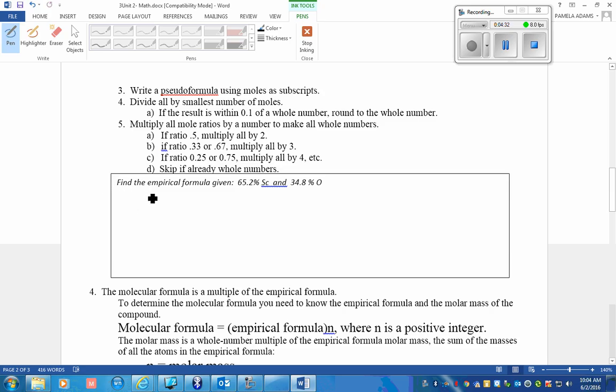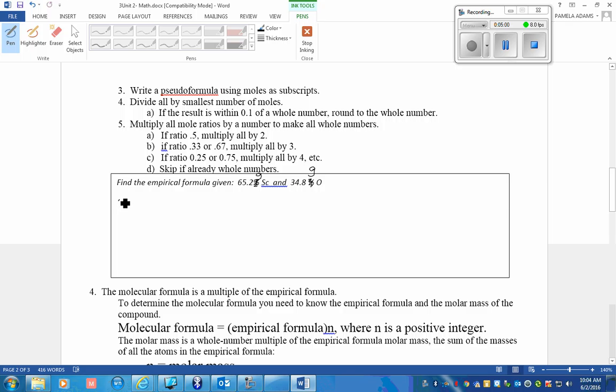So the first thing we have to do is we are given a percent composition for a compound that has scandium and oxygen in it. It is 65.2% scandium and 34.8% oxygen. We will change those percent signs to grams and assume that we have 100 grams of our compound to find the molar ratio of these atoms.